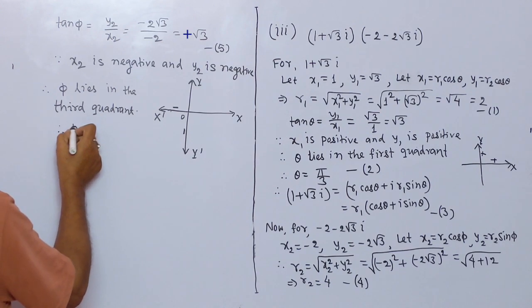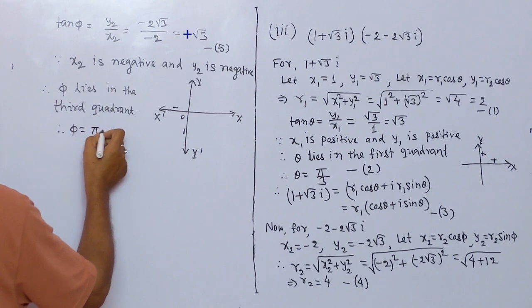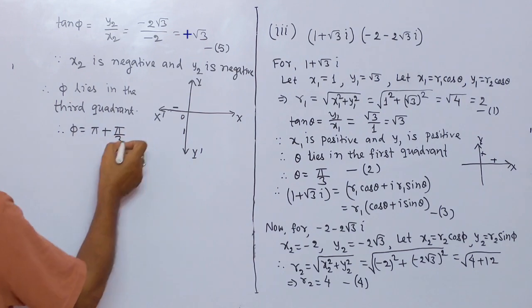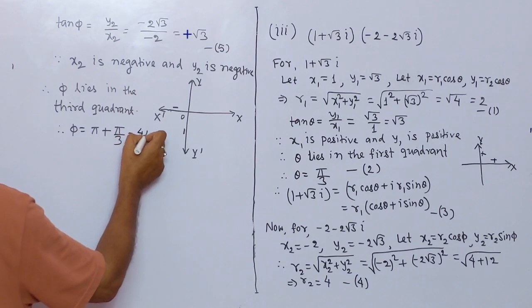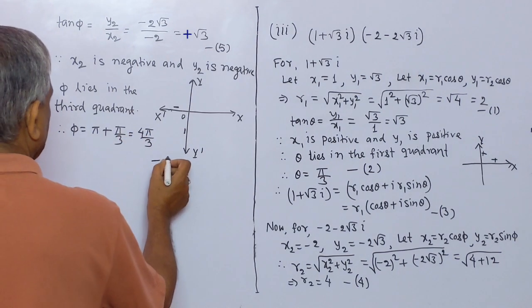Therefore, phi equal to pi plus pi by 3, this is 4 pi by 3. This is number 6.